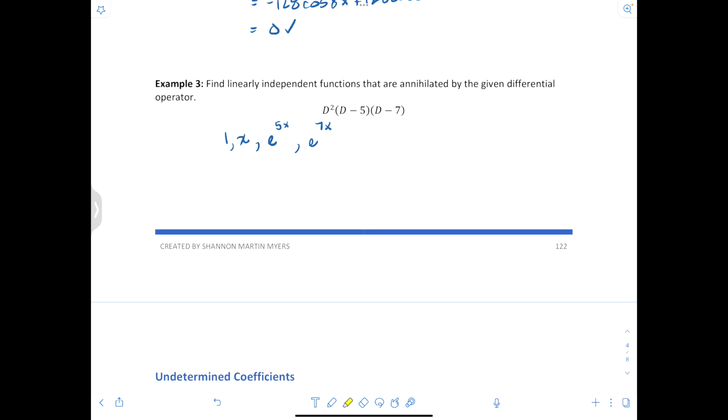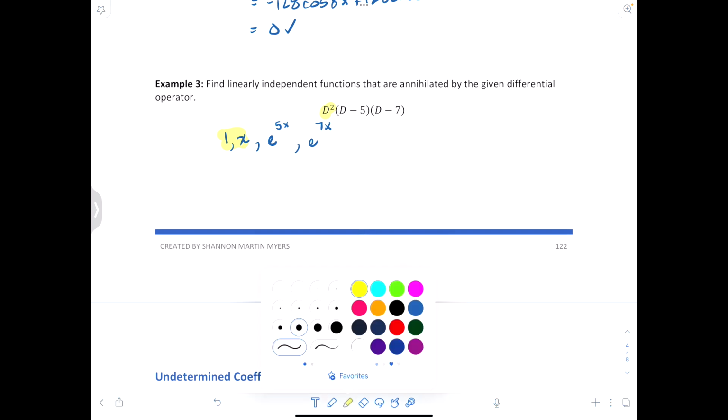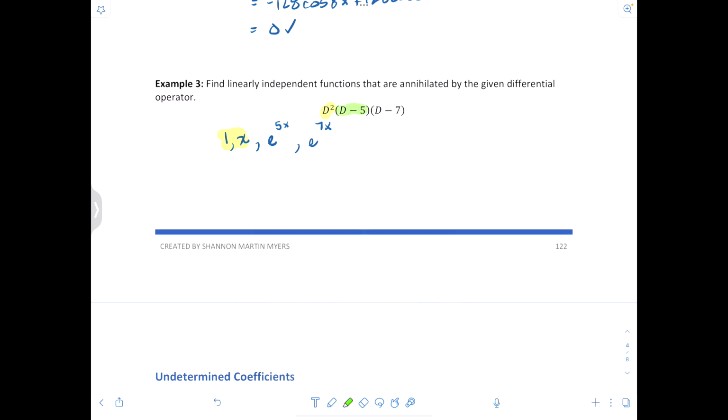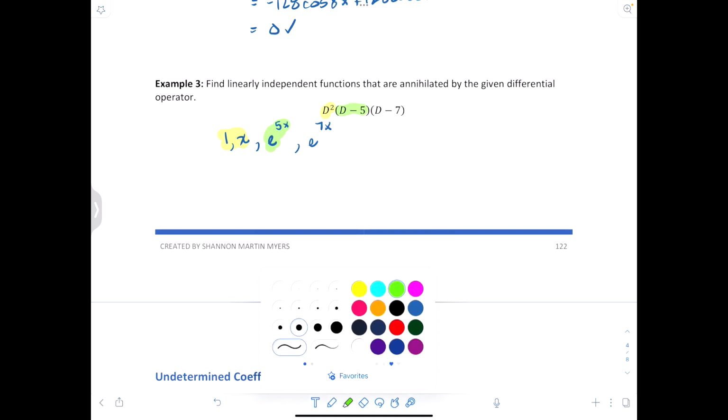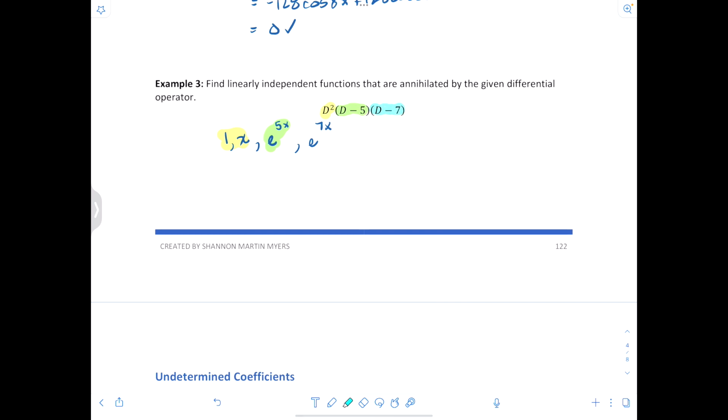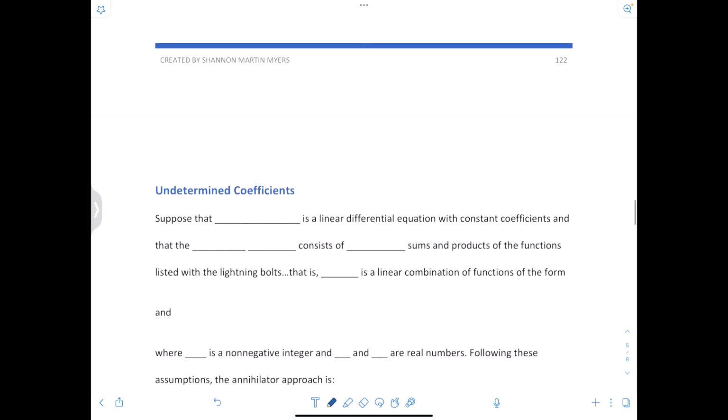So I'll just show you which one annihilated what. Cool? Okay. So, undetermined coefficients.